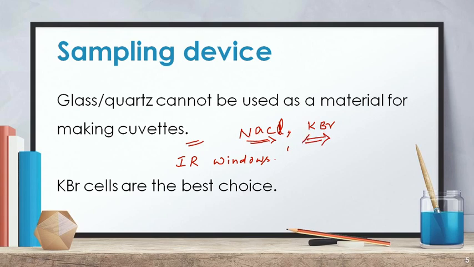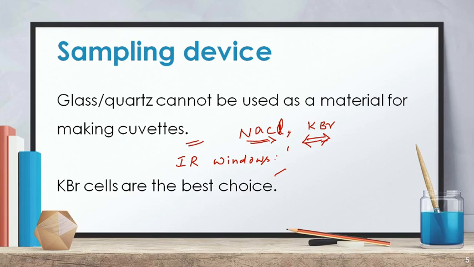It does not give any absorption peak, and it is the most useful, transparent material for the interpretation of an organic compound. So for the construction of the cuvette, we are using majorly sodium chloride or potassium bromide, and selectively we are choosing potassium bromide.